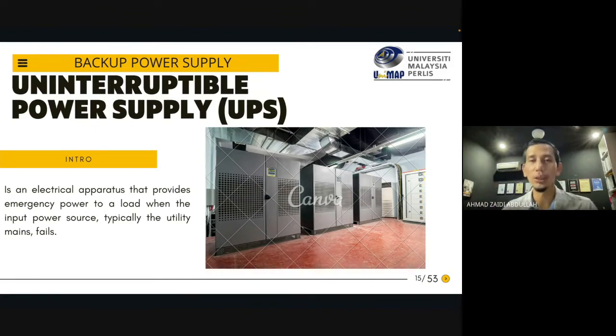When we deal with the internet, how could the world be without the internet today? So the internet is very important right now. How to back up the internet, so we must care about the ICT part. That's why the UPS business is rapidly increasing from time to time.